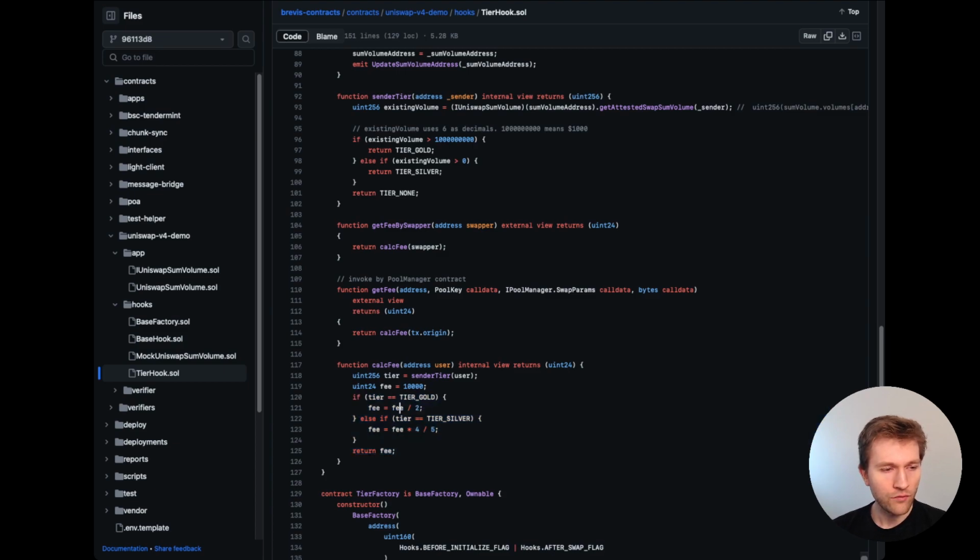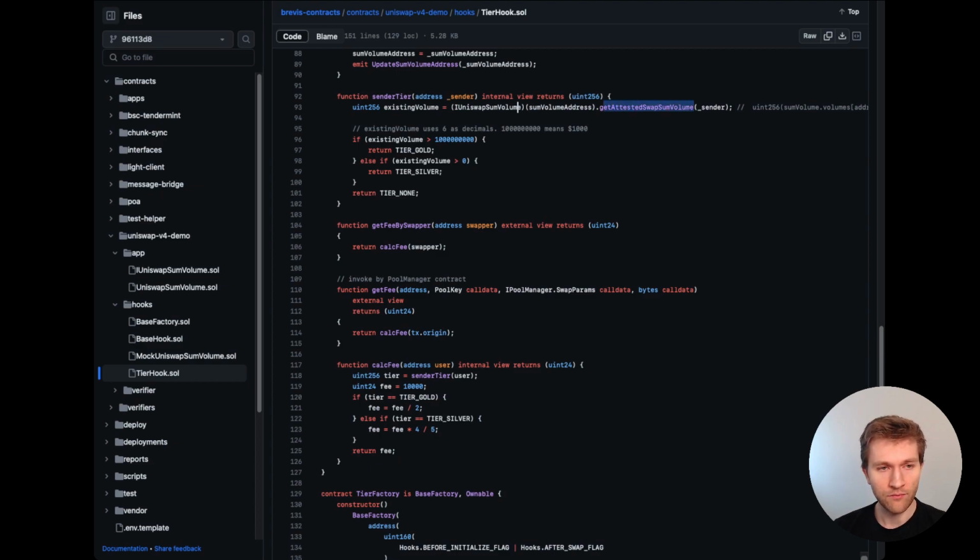If we are in some of these different fee tiers, we're getting either a 50% reduction in the fee, or a 20% reduction of the fee if we're in the silver tier, right? So that's what we want. Now the interesting question is, where does the fee tier come from? If we look here, standard tier, it seems like it's pulling it from this Uniswap sum volume function, right?